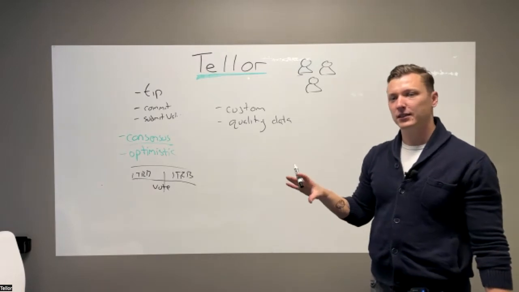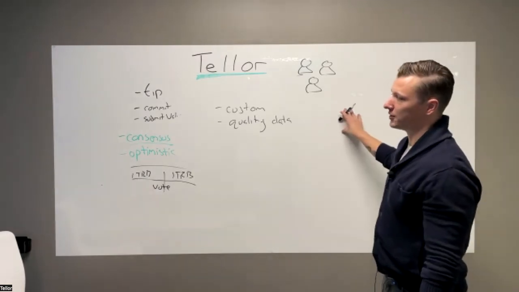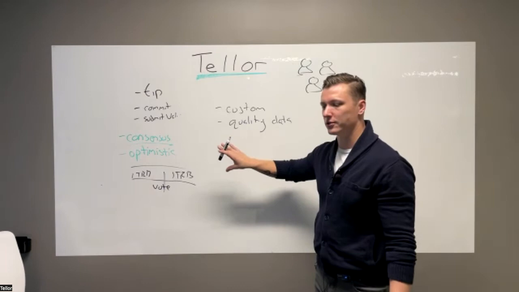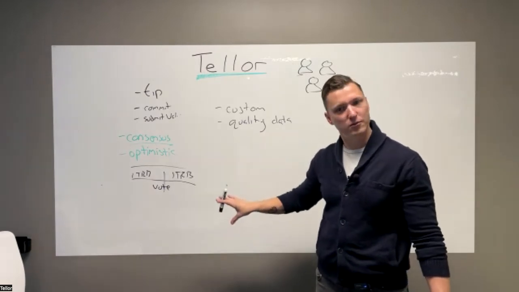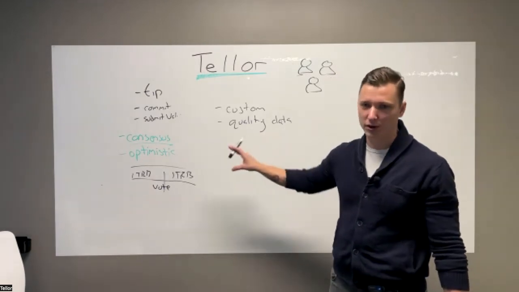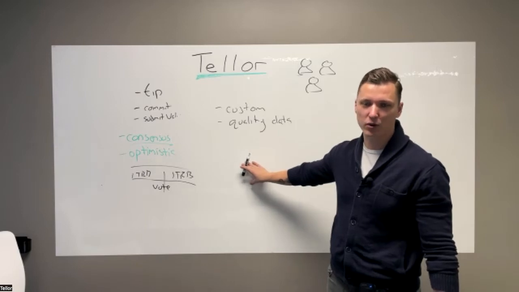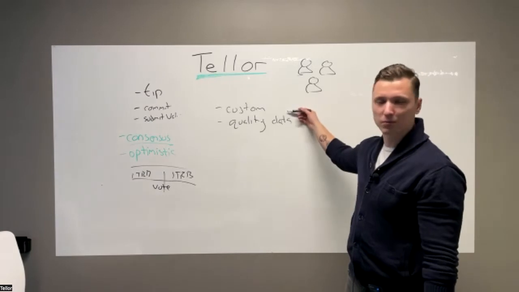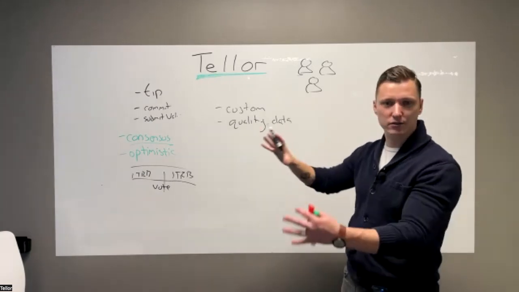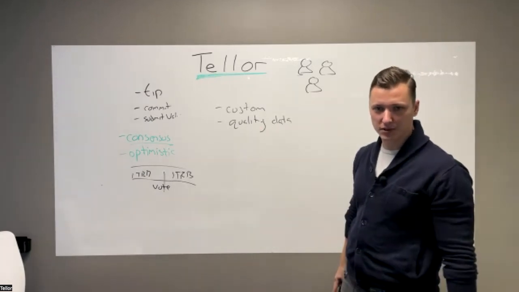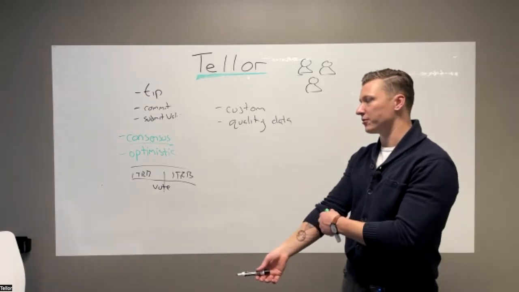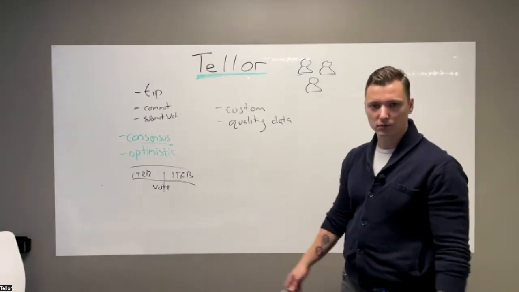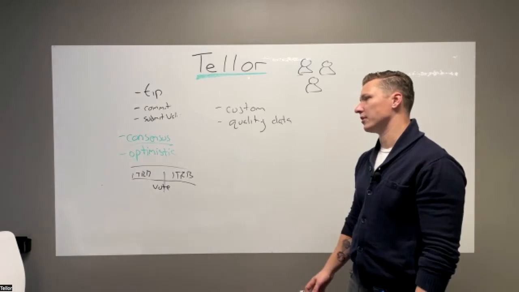And the way that Tellor differentiates is that you can have multiple different ones. As we were talking about, if you want one, you don't necessarily have to use the exact same one that other people do. What we likely see is that most people will tend to migrate towards relatively similar things. If you want an ETH US dollar price, you're going to be given an ETH US dollar price.